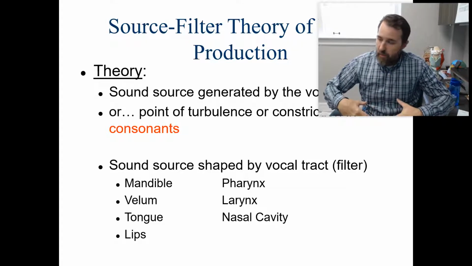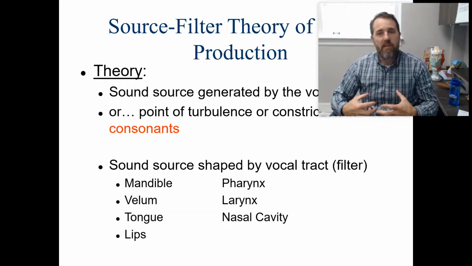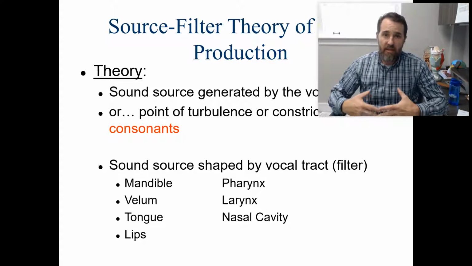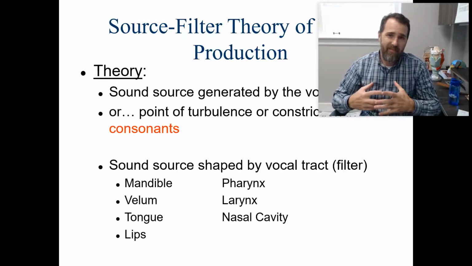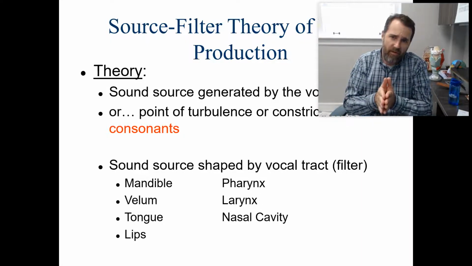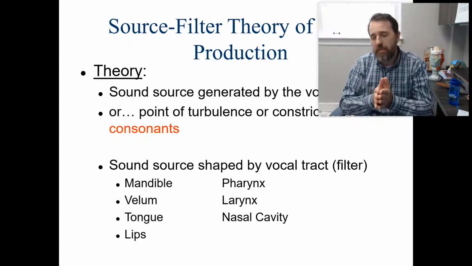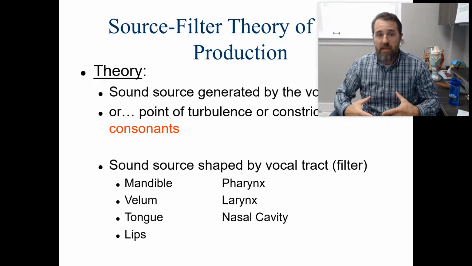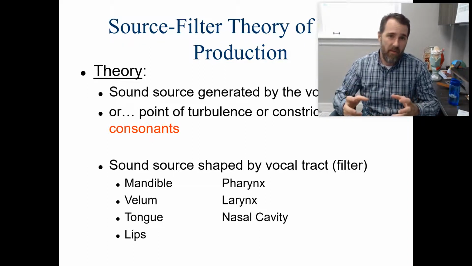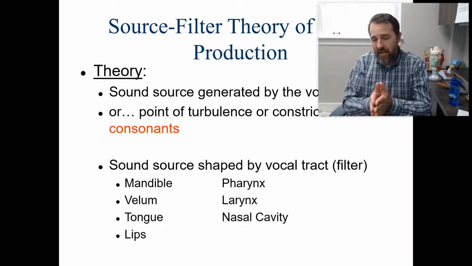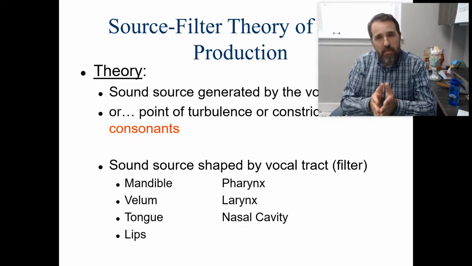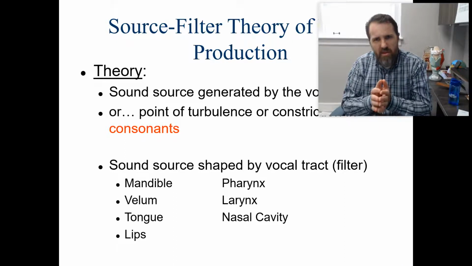And your respiratory system provides the expiratory air that's going to drive the vocal folds, that's going to create phonation. So your respiratory system is the power source in the source filter theory. And then the air that is pushed between the vocal folds vibrates those vocal folds, creating a raw sound.